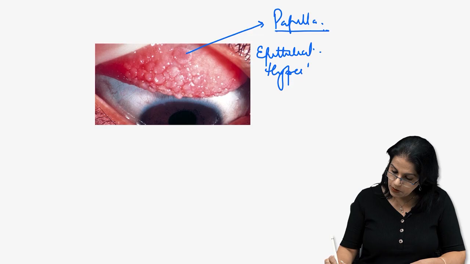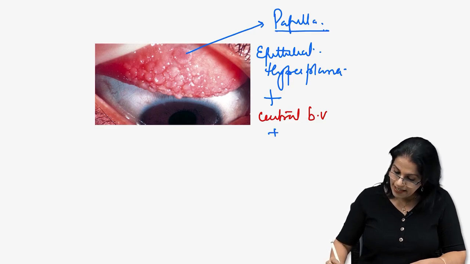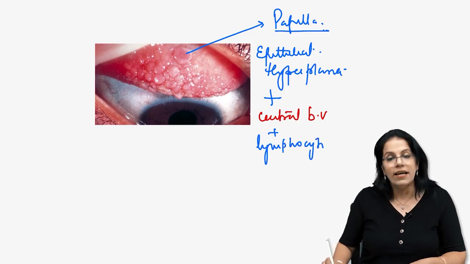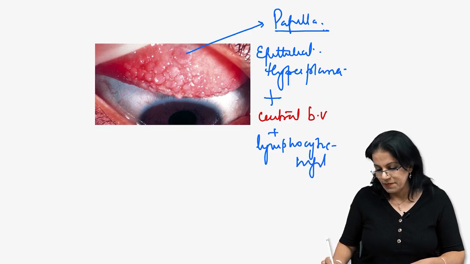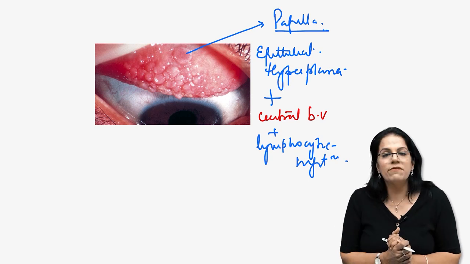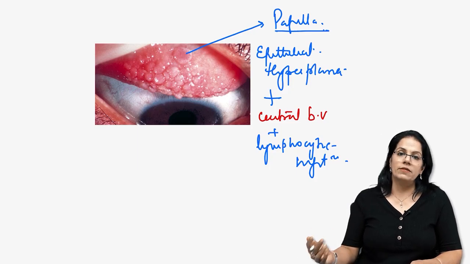When you look at a papilla, you see epithelial hyperplasia plus, very important, there is a central blood vessel. Then only it is a papilla. And of course, some lymphocytic infiltration, that is immune cells are present. So that becomes your papilla.